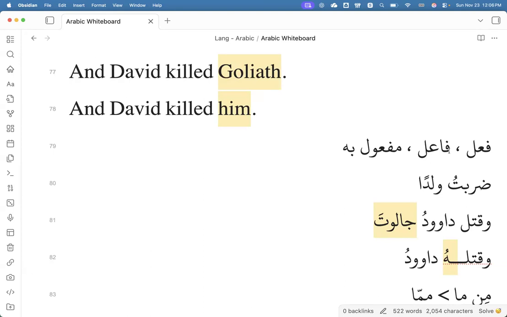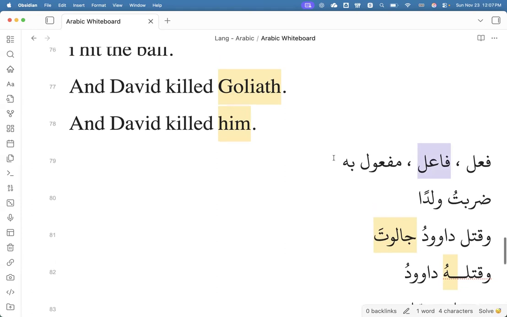Then we learned that some verbs demand an object. Fataha Hamid. Hamid opened. Then you will naturally ask, what did he open? The door. Oh, that's an object. So Hamid opened the door, or Hamid opened a door. Fataha Hamidun baban.